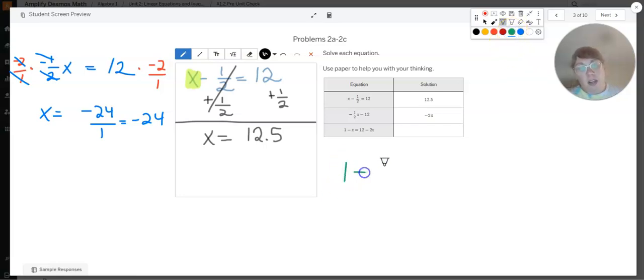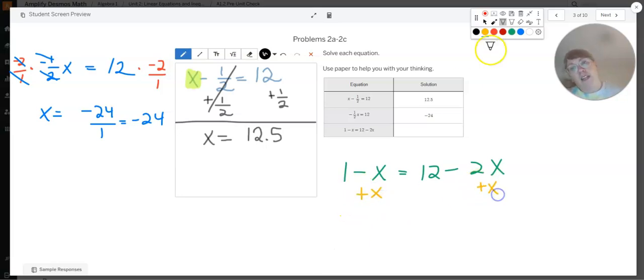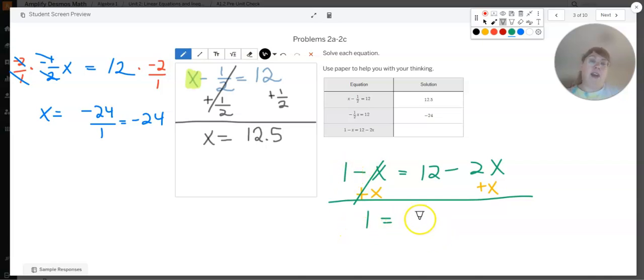Let's look at one more. We have 1 minus x equals 12 minus 2x. So we want to get those x's on the same side together. So I might add x on both sides. Negative x plus x cancels to 0. So we have 1 on the left. Negative 2x plus 1x is a negative 1x.